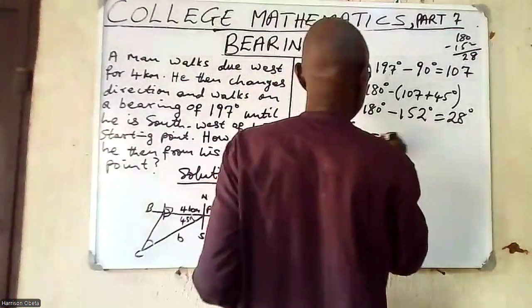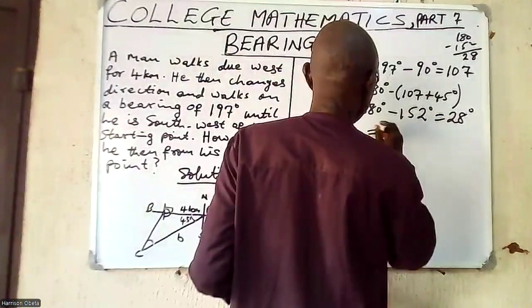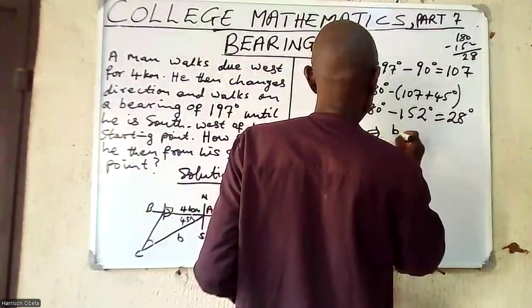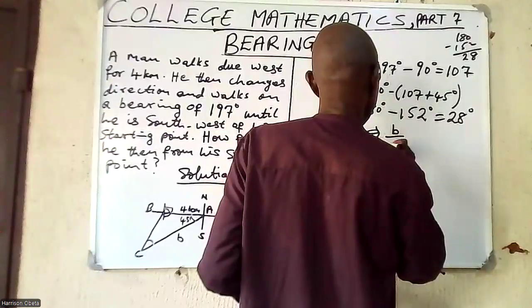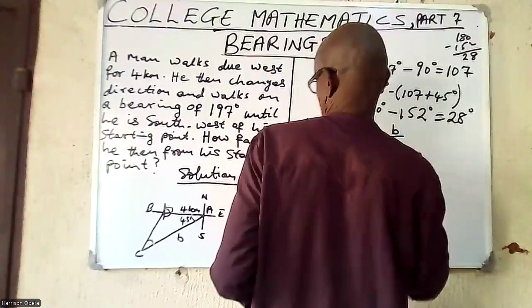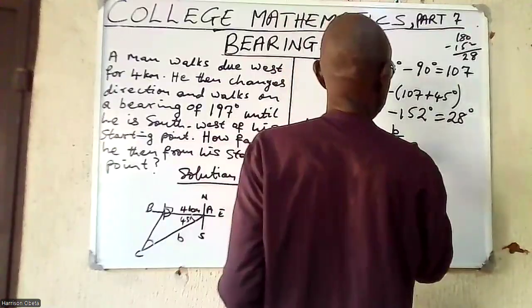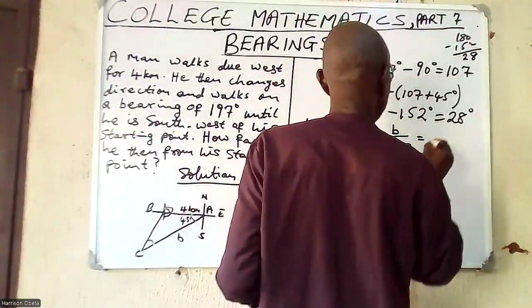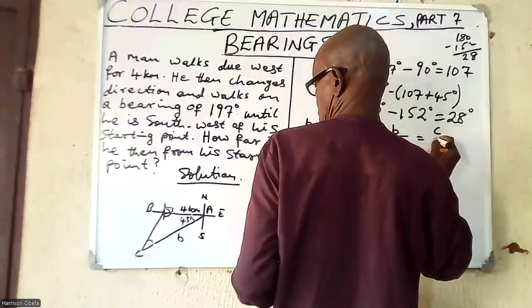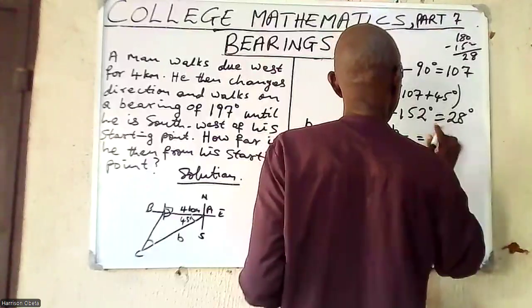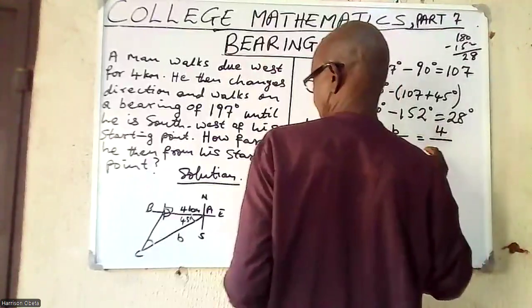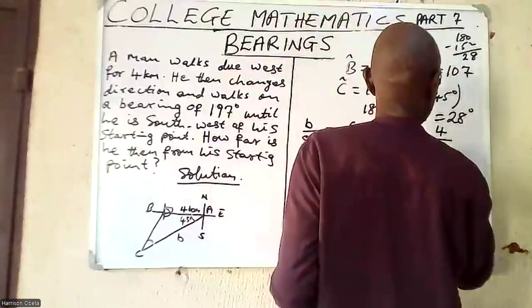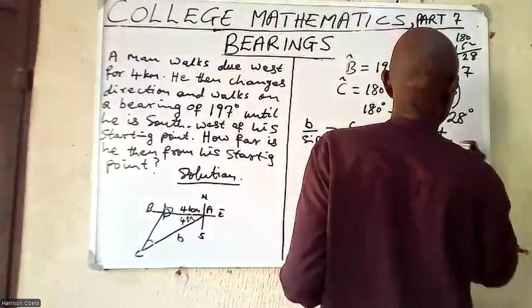So this will lead us to b over sine 107 is equal to c, which is 4 kilometers, over sine 28 degrees.